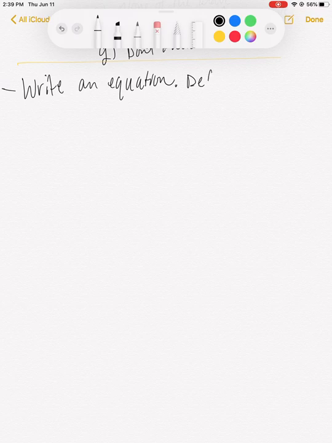So the directions on here for this section is to write an equation based off the word problem that we're going to give. We want to define, which means precisely, any variables you use.